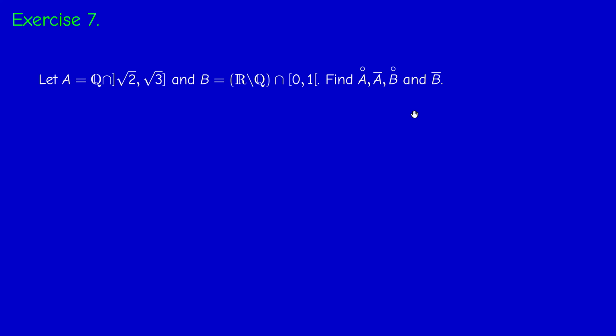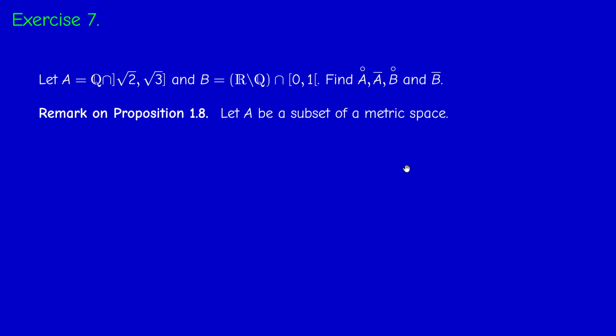Now, the interior of A is very easy to find because A is a subset of the rational numbers. Let me say something first because I need it in the proof later. It's a consequence of proposition 1.8 that I didn't do in the lectures.